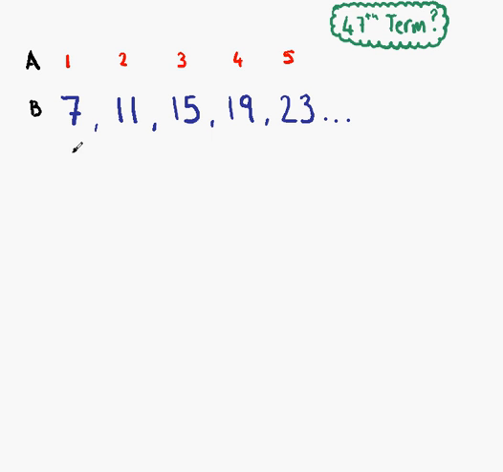Well, looking at our numbers 7, 11, 15, 19, 23, the first thing that you should notice is that these numbers are going up in fours. So if the numbers are going up in fours, then we know it has something to do with the 4 times table.